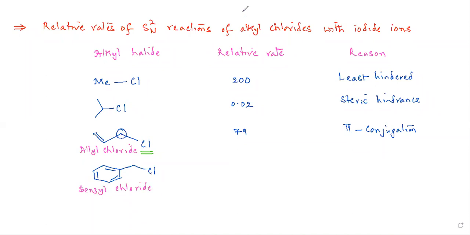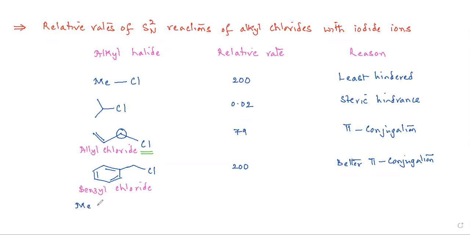Now, in case of benzyl chloride, you know the relative rate of reactivity is again 200. See, it has more pi conjugation than the allyl thing or than the isolated double bond.